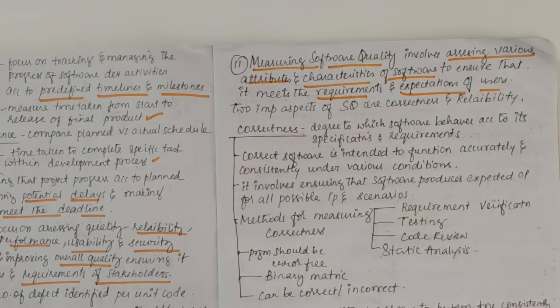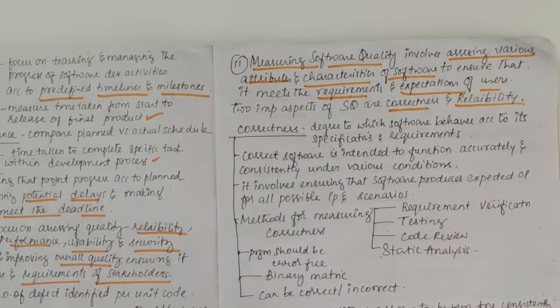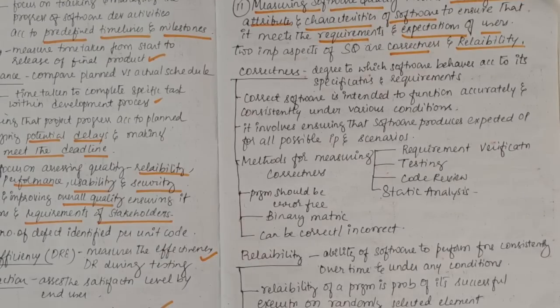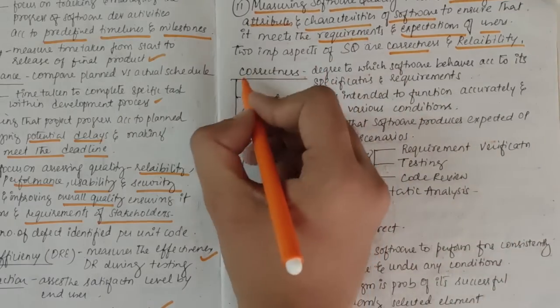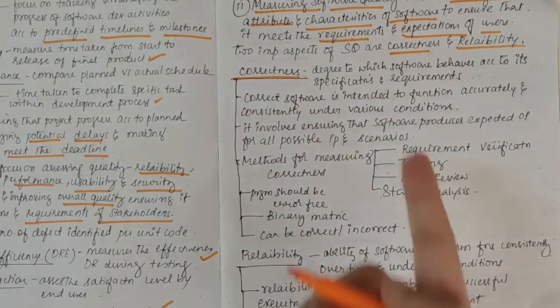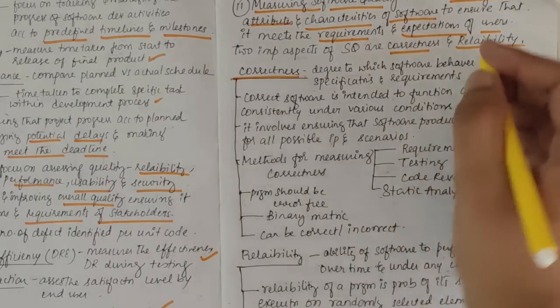In software quality measuring, we have two aspects: one is correctness and one is reliability. You might think correctness and reliability are almost the same. Yes, they are almost the same, but there are slight variations in each of them. Let's look into them one by one. First we have correctness. Correctness speaks of the degree to which software behaves according to the specifications. We have seen this definition on the previous page also.